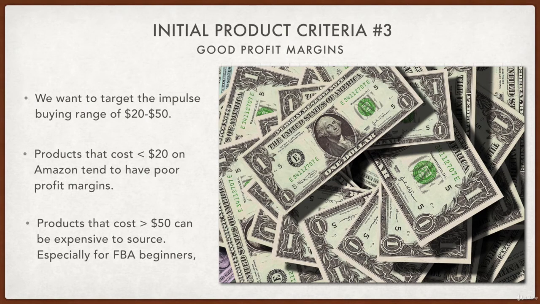Then that's going to cost you $12,500 alone just for the products, and that doesn't even include shipping. 9 times out of 10, that's going to be too much for most FBA sellers to purchase. Quickly over time, it becomes clear why having a price range of $20 to $50 is the sweet spot.